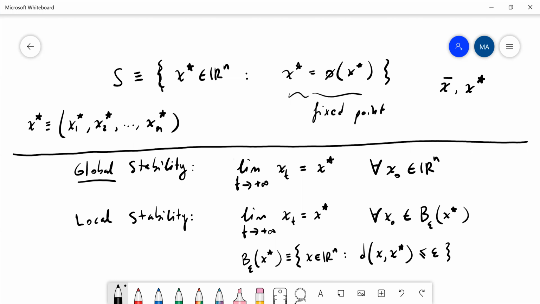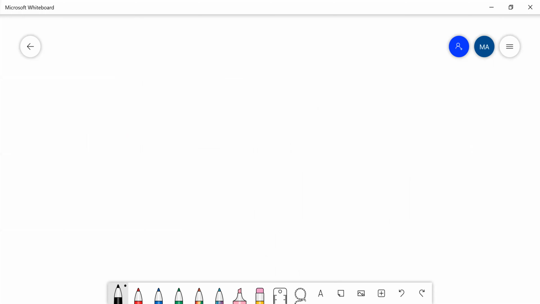And epsilon here is some small positive number. So what is this distance? This is basically the Euclidean distance. Let me give a brief definition. Here we have two vectors in the n-dimensional Euclidean space.